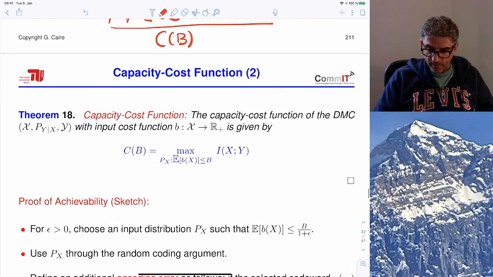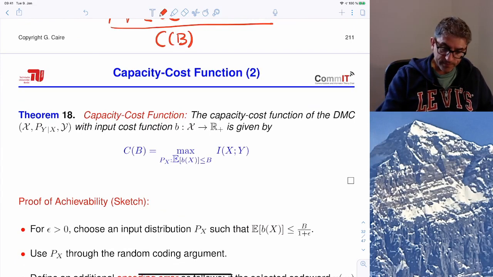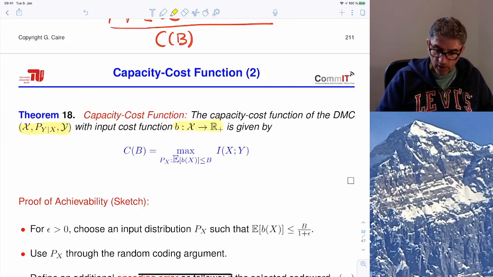The theorem, capacity cost function for DMCs, says that for a given channel and a given cost function, the capacity cost function is the maximum of the mutual information, where the maximization now has a constraint.